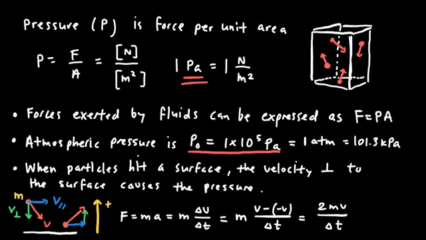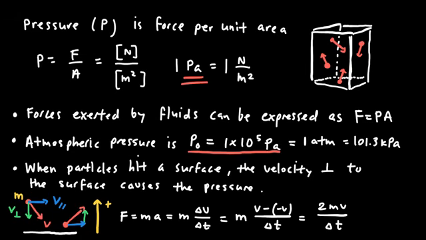After the particle collides with the surface that I have drawn below, it will bounce up and go to the right. The parallel velocity still points to the right in blue, but now the perpendicular velocity points upwards. So there was a collision between the particle and the surface, and when that collision occurred, the wall applied an upwards force on the particle, and the particle applied an equal downwards force on the surface of the container.